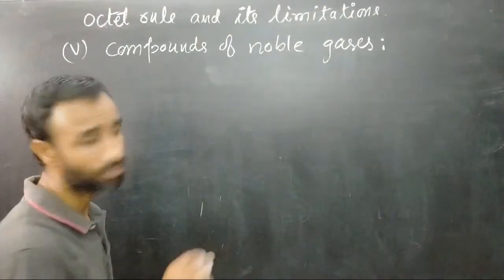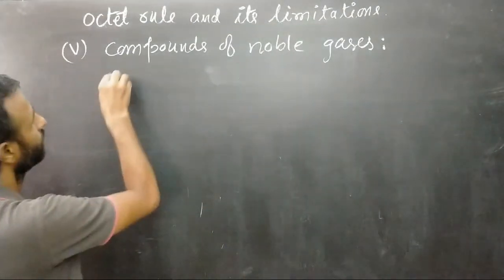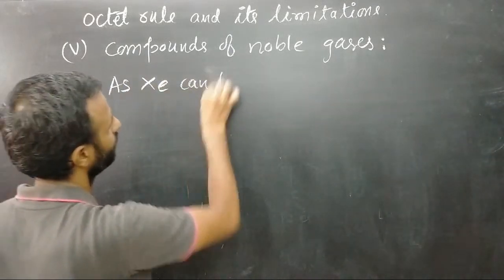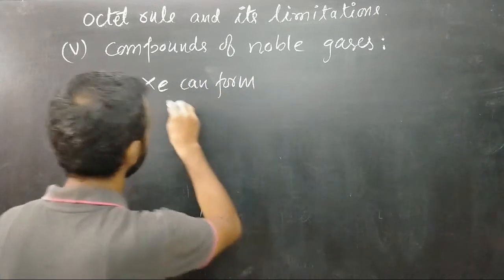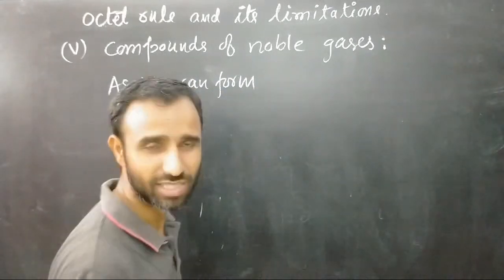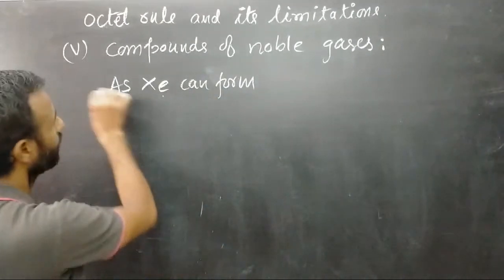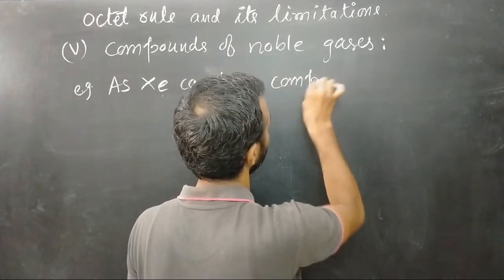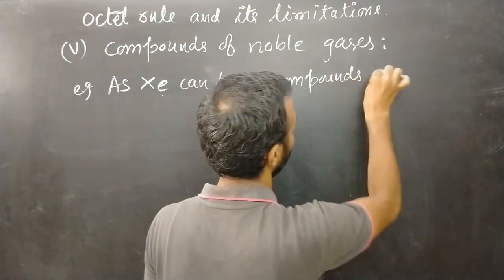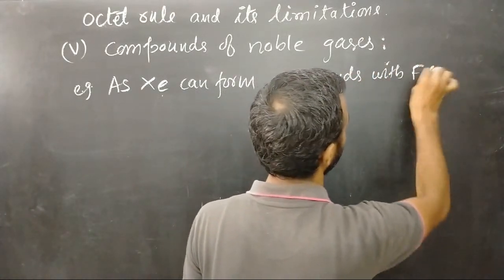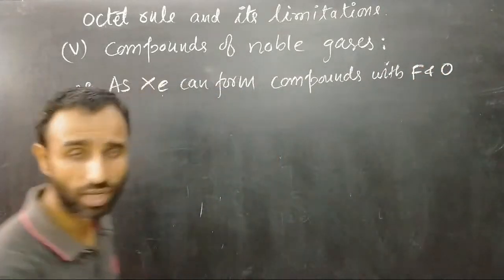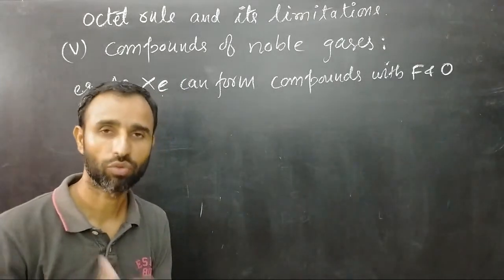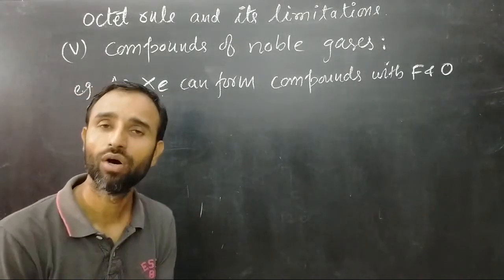So, compounds of noble gases. Xenon as well as krypton can form compounds, but let us take xenon. For example, xenon can form compounds with fluorine and oxygen. That is the biggest limitation to the octet rule.